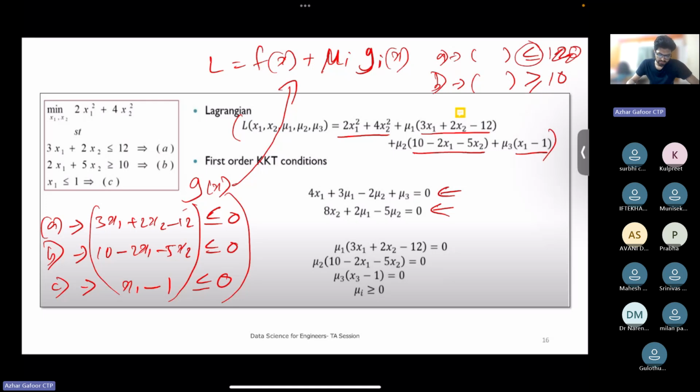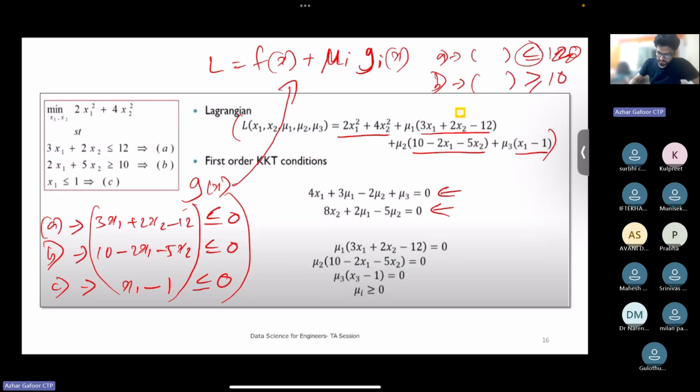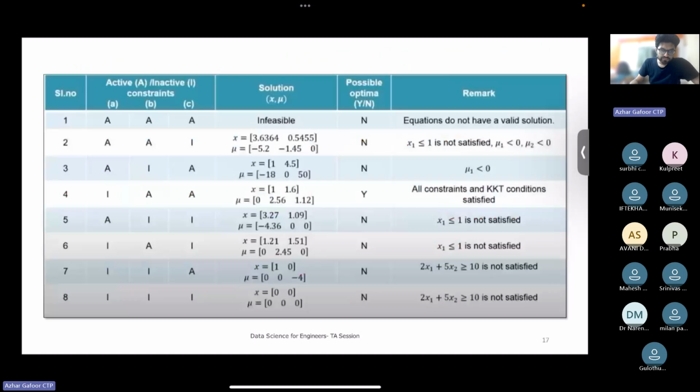All right, let's see how we will solve the problem. In the last problem, we had three constraints, right? From the equations we know we had three lines. Let's say we had one line here and one line here, and this was our feasible region. Now let's say all the constraints are active.